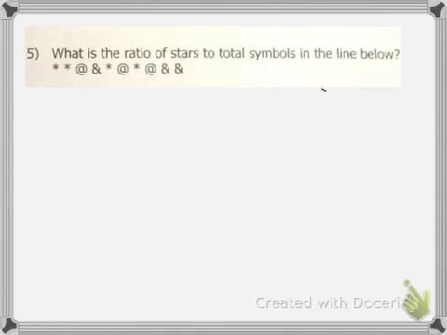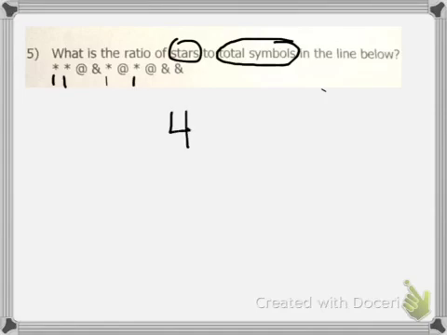And the last question, what is the ratio of stars, I'm going to circle it, to total symbols? So I'm going to count the number of stars, 1, 2, 3, 4, and we can write it with a colon, or the word "to", or as a fraction, the 4 goes in the numerator.